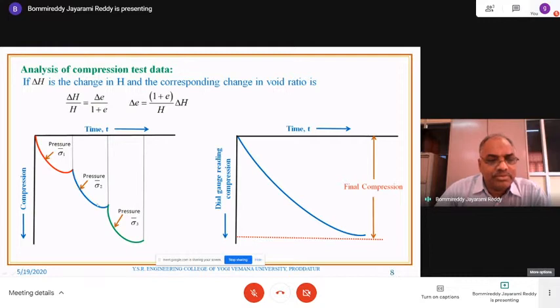At some other time, you can increase the stress again, and it follows yet another path. So each and every increment of stress has its own curve for compression of the soil mass.